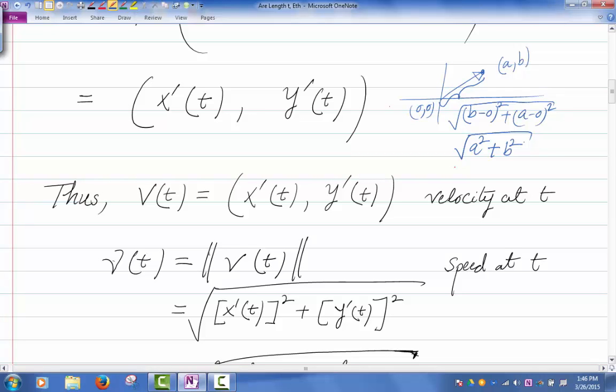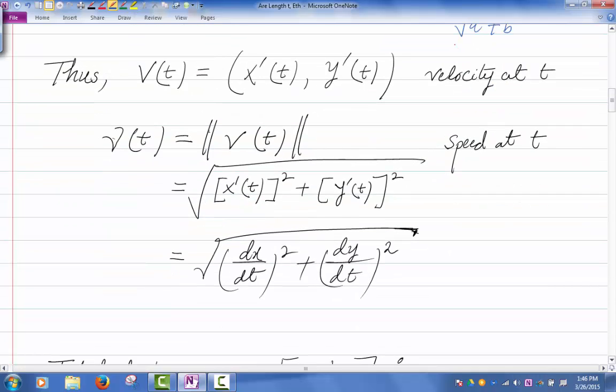So what is the length of the velocity vector? The notation we use for the length of a vector is double vertical lines around the vector. The length of the velocity vector we're going to call nu of t, and that's the speed at time t.